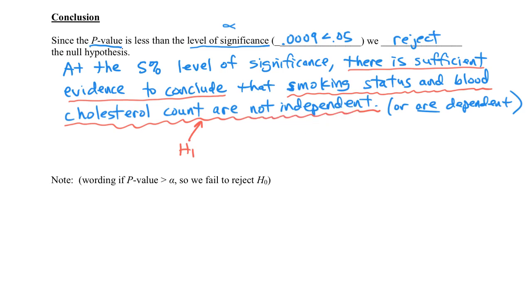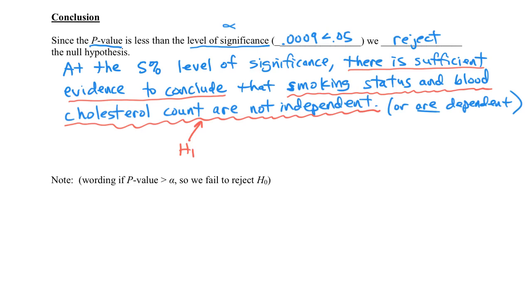Totally up to you. The main part is that the wording's a little different, but we're basically saying the same thing. Both of them work: there's sufficient evidence to conclude, or our old language where we said the data seem to suggest or don't suggest, however you want to do it.